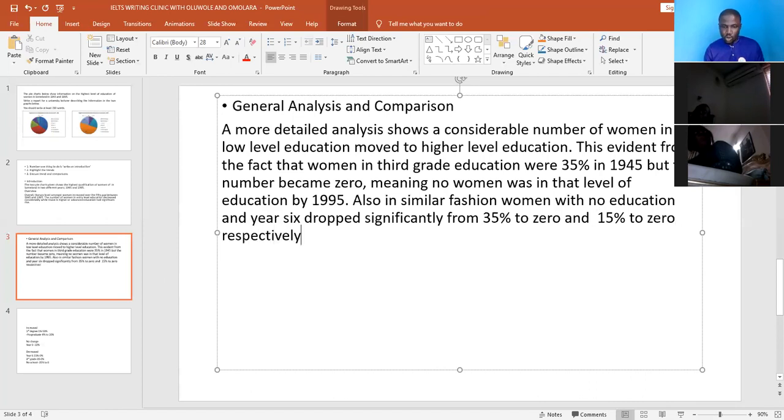You know why I mentioned respectively? Because I quoted two figures. We're talking about women in no education and women in year 6.